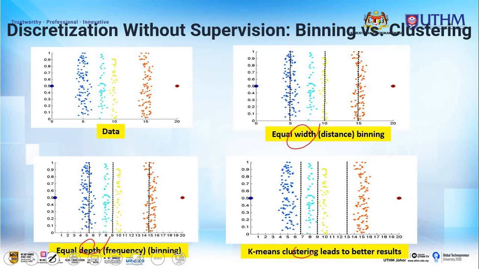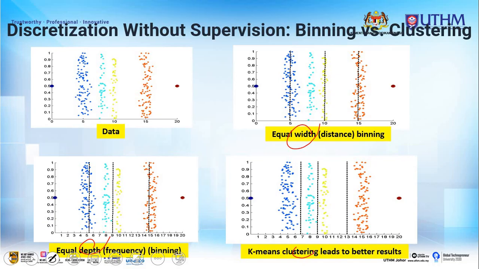Each of these methods: the process is to divide the range into equal width intervals. After that we have equal depth intervals, which divide the data into bins that contain approximately the same number of values.